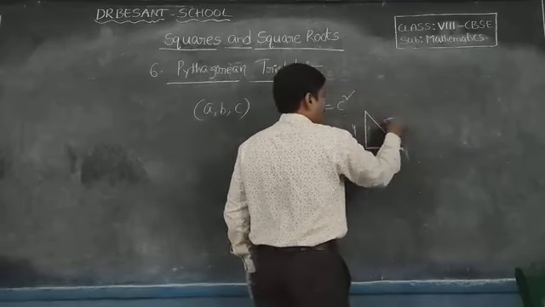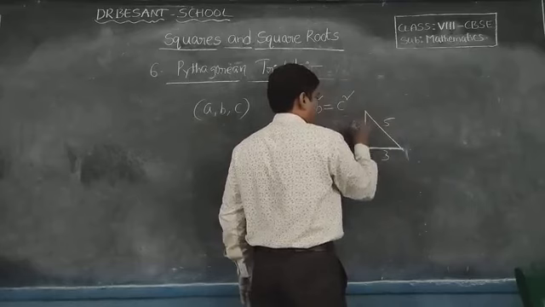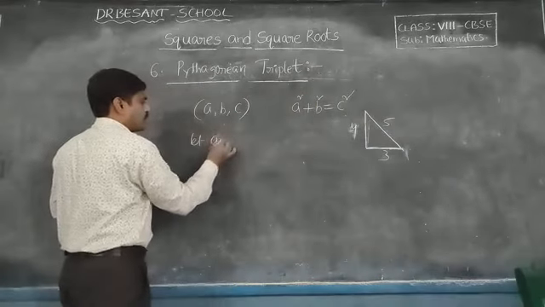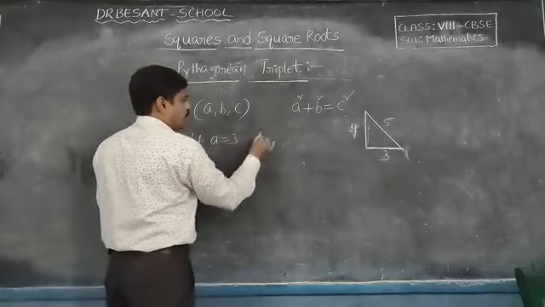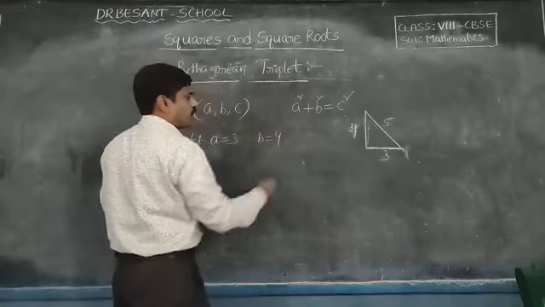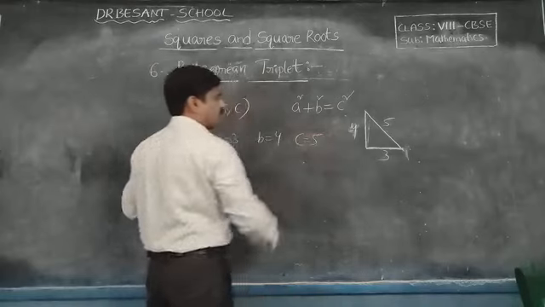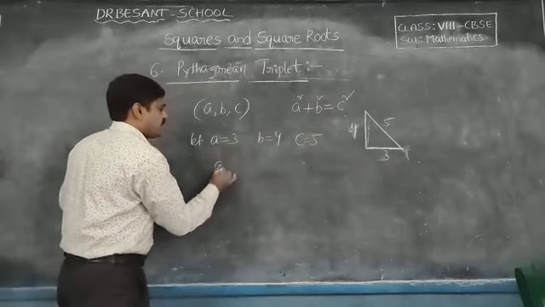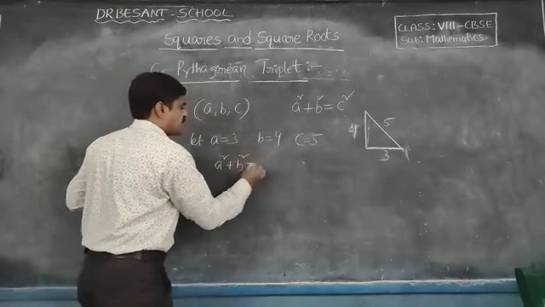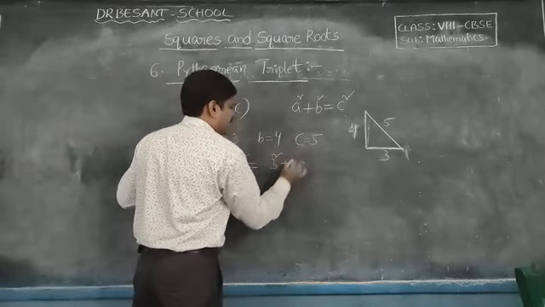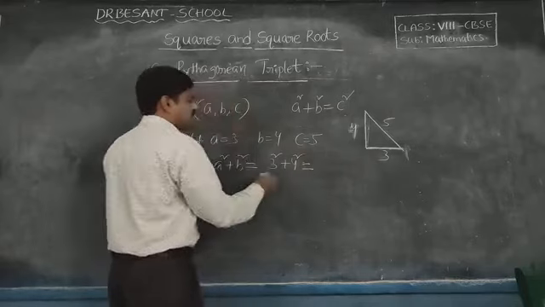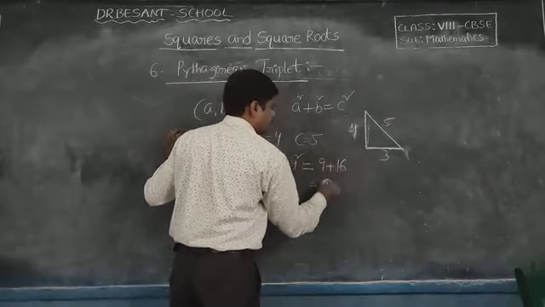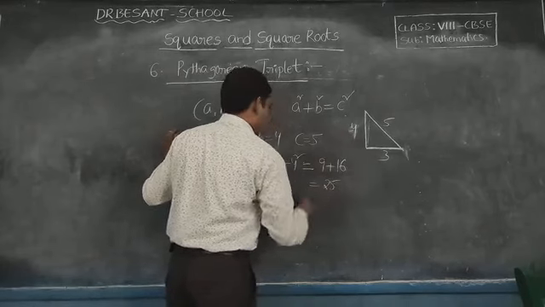3, 4, 5. Let A is equal to 3, B is equal to 4, C is equal to 5. Then A square plus B square is equal to 3 square plus 4 square. So 3 square is 9, 4 square is 16, 16 plus 9 is 25.